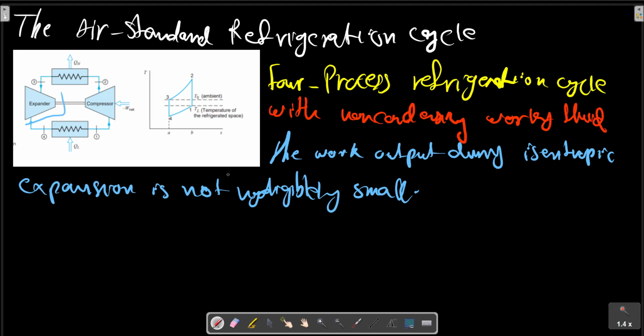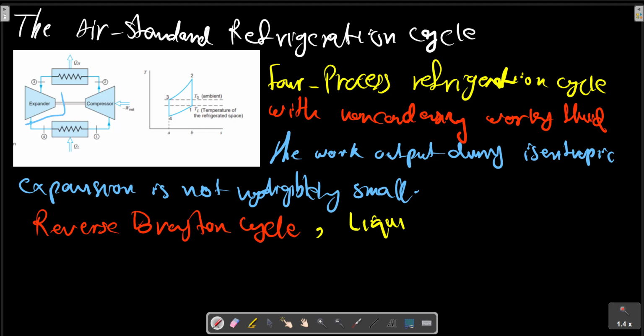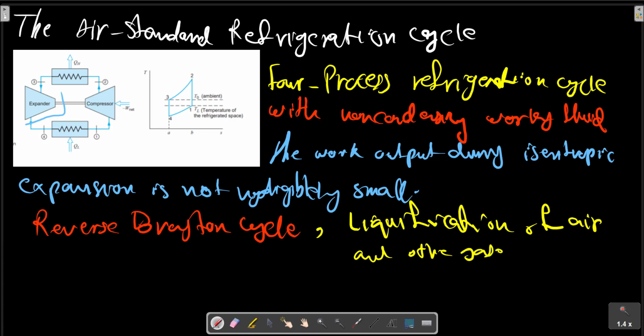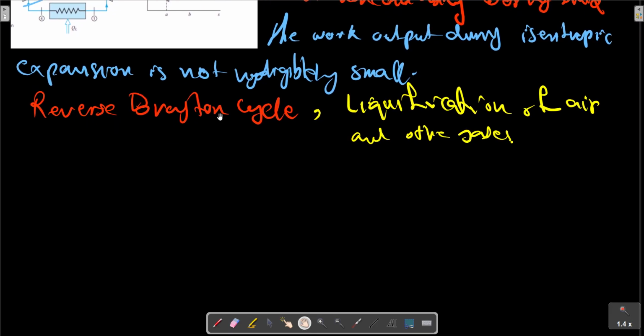This cycle is seen to be the reverse Brayton cycle, and it is used in practice in the liquefaction of air and other gases, and also in certain special situations that require refrigeration, such as aircraft cooling systems.